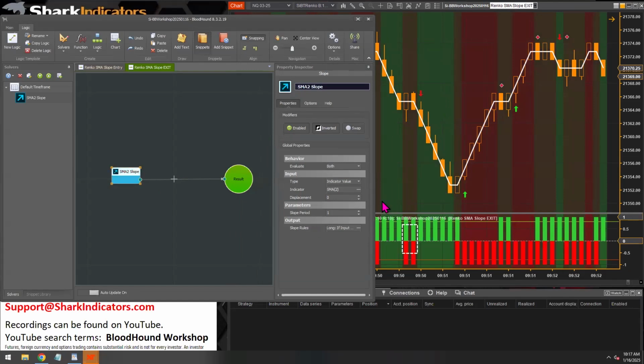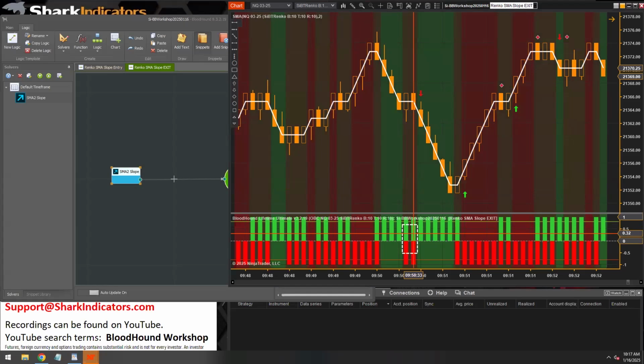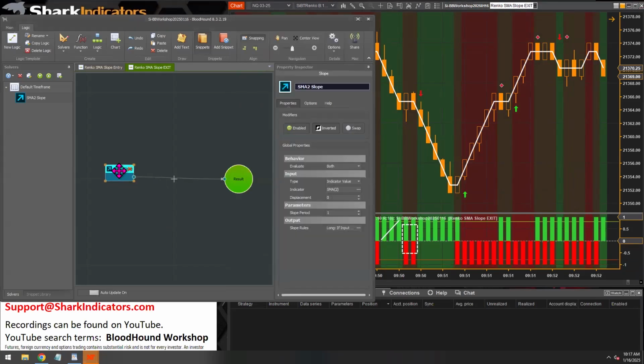And now we want to isolate the bars that have both a long and a short, and we want to remove the long only outputs, and we want to remove the short only outputs. And we can do that using a function node, and we can use the long short modifier.